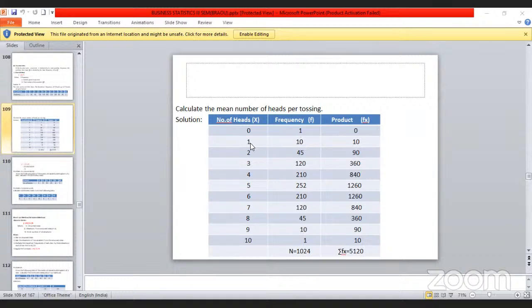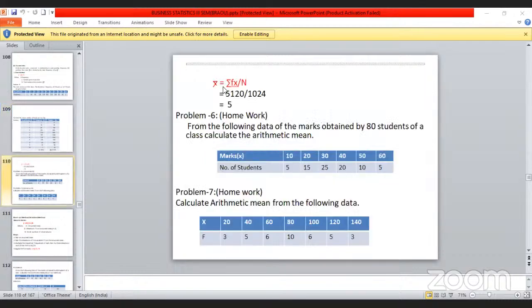Means here, the x will be multiplied with the corresponding frequency. Got my point? So 2 into 45, 90. So you have multiplied. I got the total of fx as 5120. So here x bar is equal to fx divided by n.